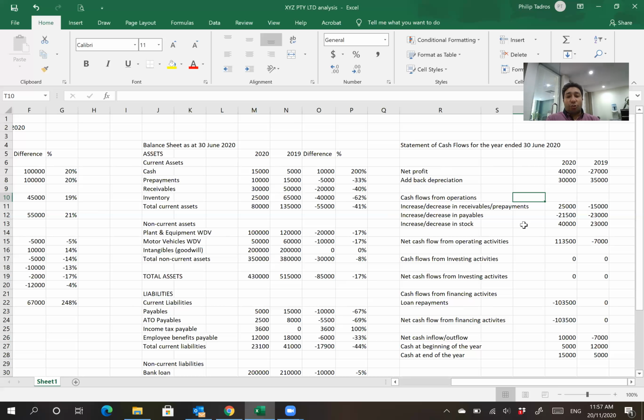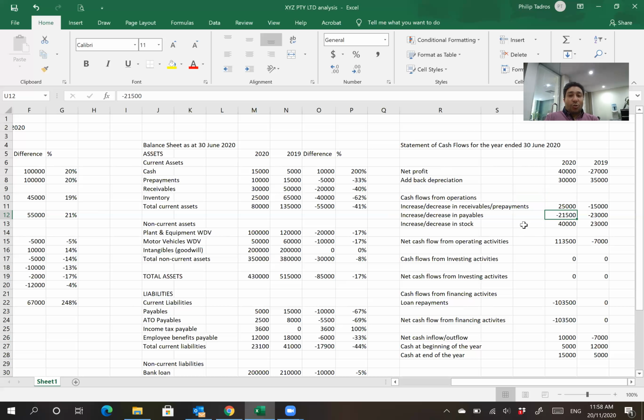Now, there's a good way to remember this. How do you determine whether an increase in a current asset or a current liability is a positive or negative figure? And how do you determine whether a decrease in a current asset or current liability is a negative figure? How do you determine these things?